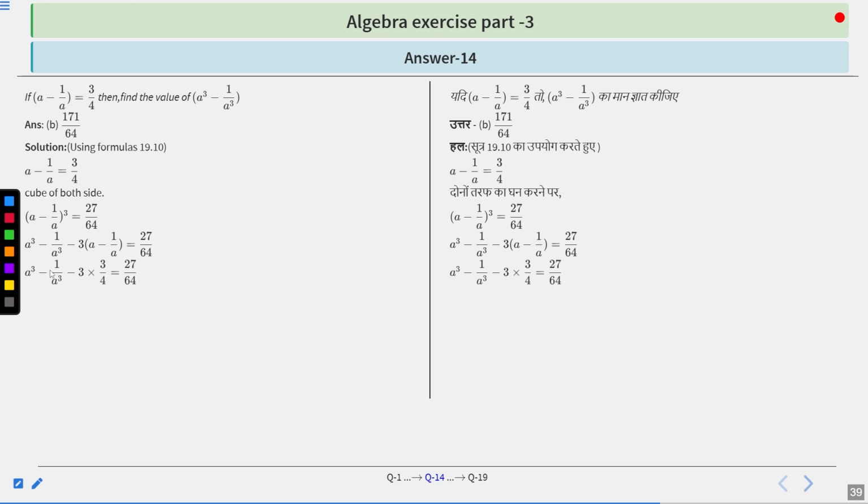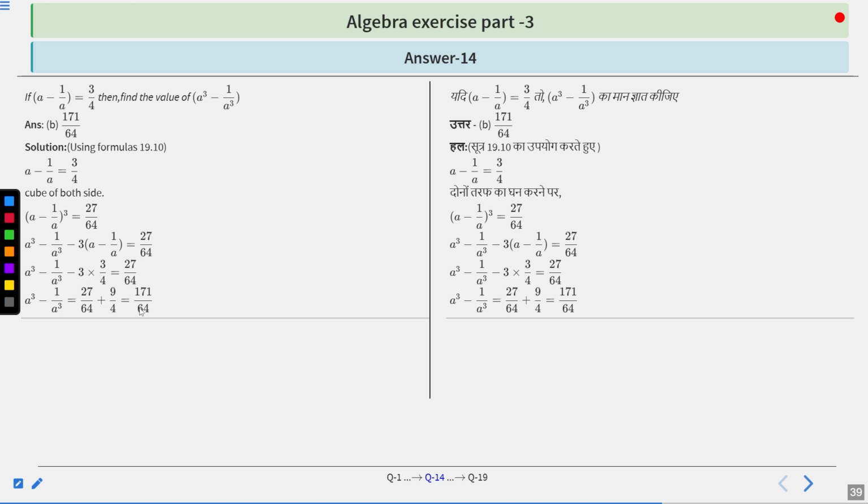Now, a cube minus 1 upon a cube minus 3 into (a minus 1 upon a) was already given in the question, that is 3 upon 4. So minus 3 into 3 upon 4 is equal to 27 upon 64. Now, a cube minus 1 upon a cube becomes equal to 27 upon 64 minus 3 into 3 upon 4, which is 9 upon 4, and when this minus 9 upon 4 goes to the right side, it becomes plus 9 upon 4.